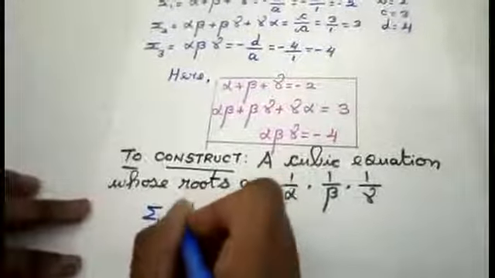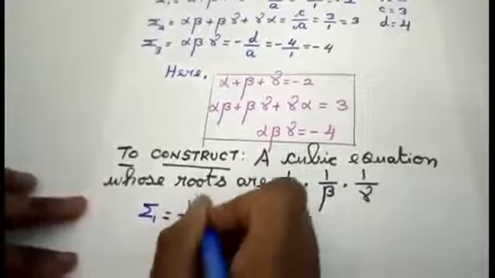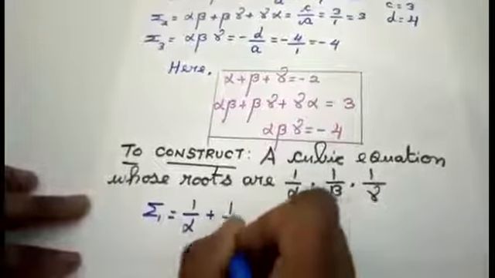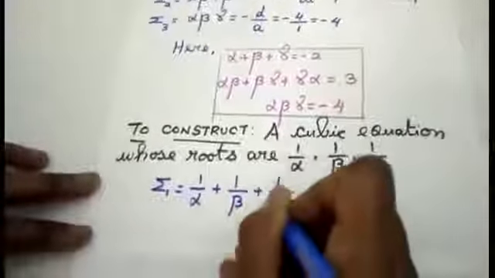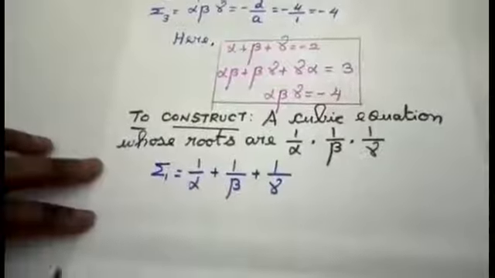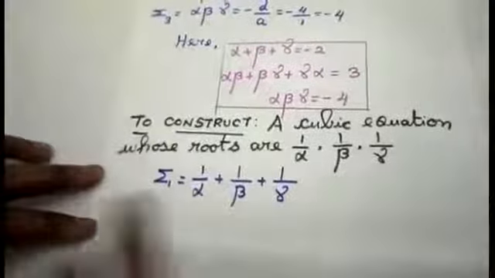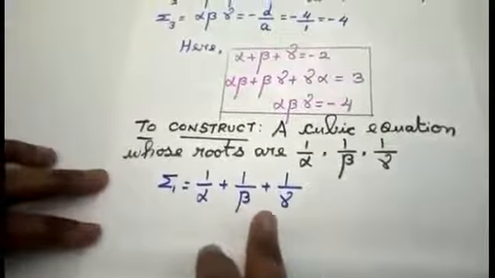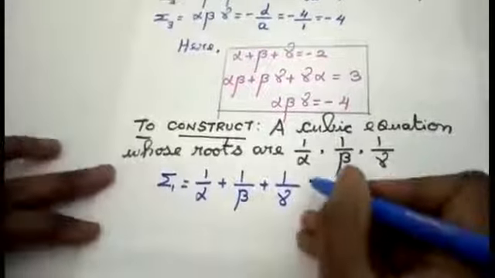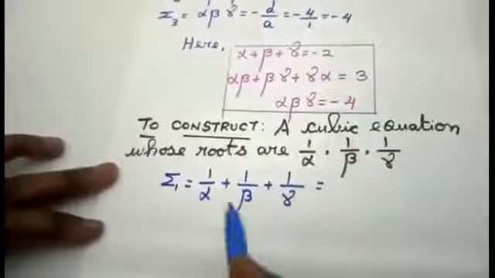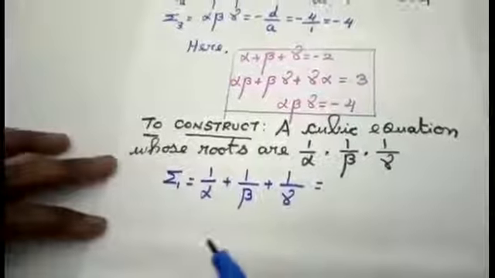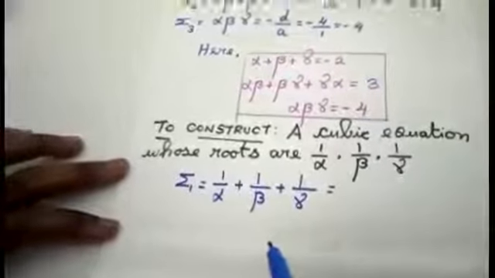That is 1 by alpha plus 1 by beta plus 1 by gamma. But if you see here, the denominators are different. If I want to make the denominator the same, what should I do? I should write the denominator as alpha, beta and gamma.